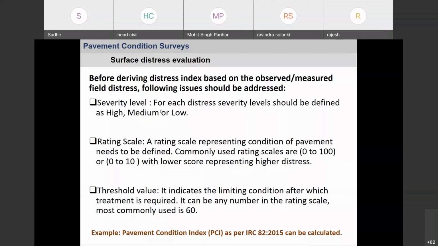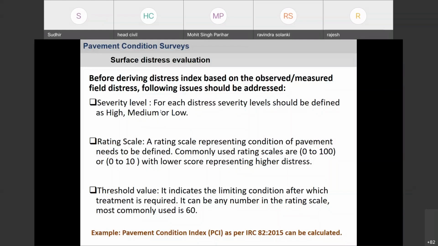When you have several cracks crisscrossing each other along the wheel path, then you might consider it high severity fatigue cracking. So this way severity levels for different distresses have been defined in the IRC code, so you can go through them to understand the severity levels.